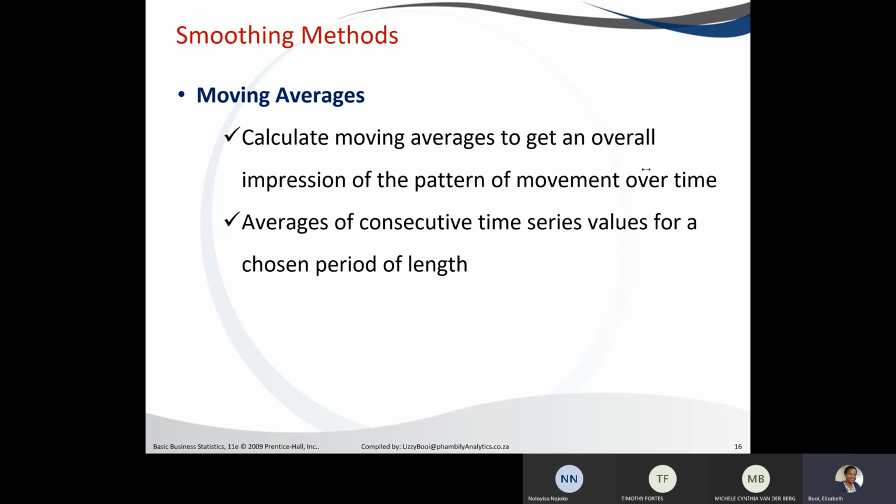So if the data started with 2000, and then we had 2001 and 2002, so we will start at 2002 and take the 2000, 2001, and 2002 data and find the average.